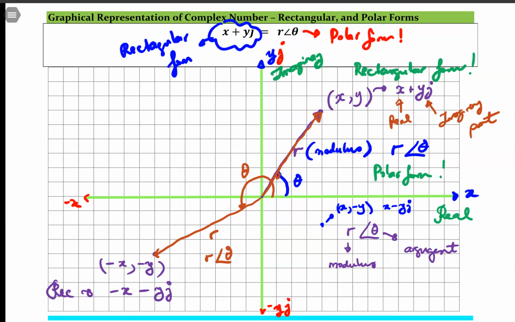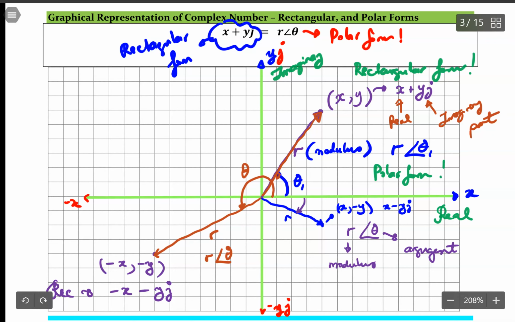And from here, I will draw a vector, or they call it a phasor, to this point. Identify this as r as well. If I draw my angle like this, going clockwise, then in this case I will call this a negative angle. Let's call this theta 1.